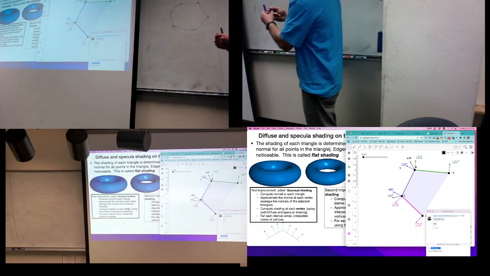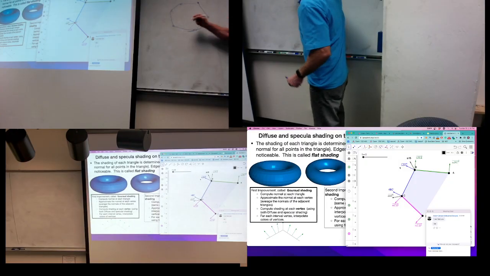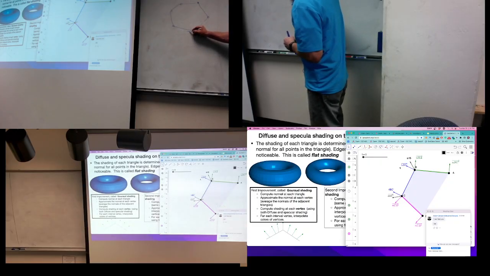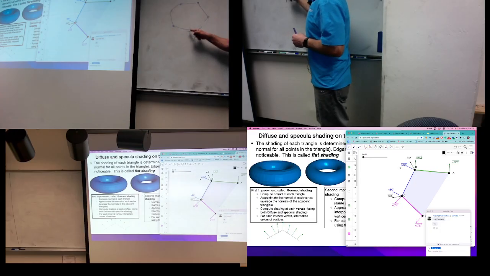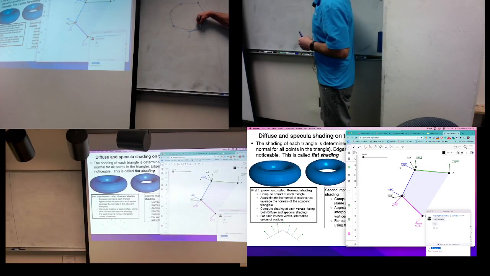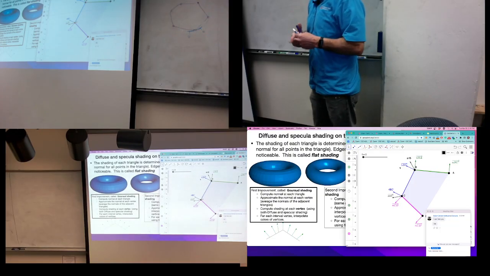And if we have this original surface near the vertex, how should these normals change? Should be determined somewhere by this triangle over here, and by this triangle over here. Now they should move continuously.